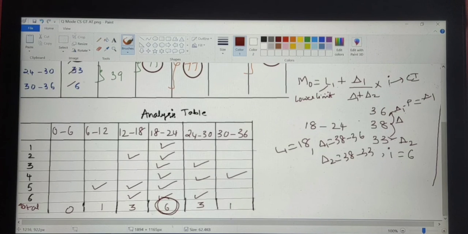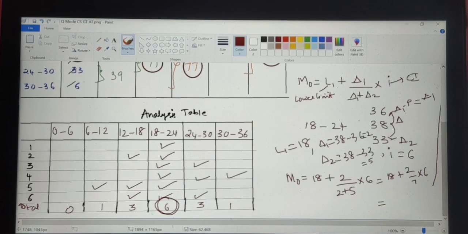Now let me substitute all of these values. Mode equals 18 plus 38 minus 36, which is 2, over 38 minus 33, which is 5. So 2 by 2 plus 5 into 6, which gives 18 plus 2 by 7 into 6.